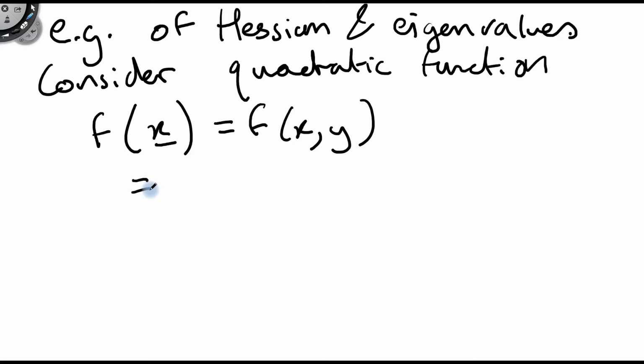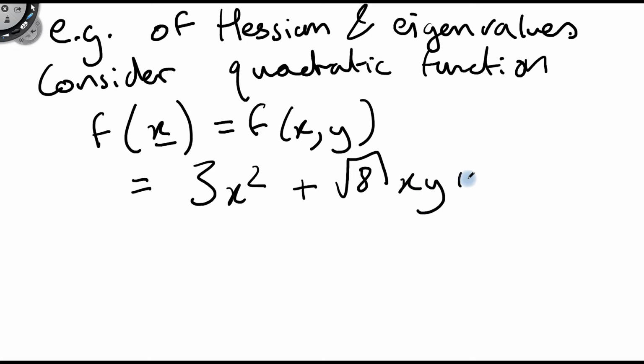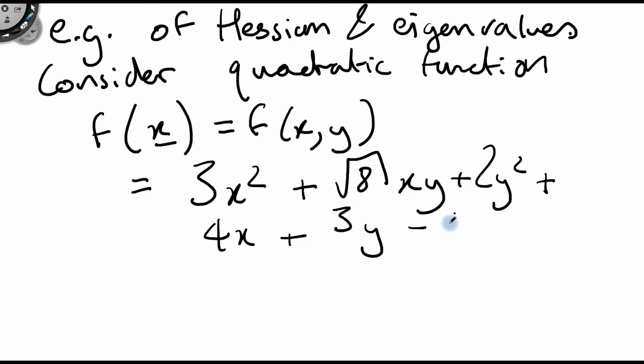The function is f equals 3x squared plus root 8 xy plus 2y squared plus 4x plus 3y minus 5. So what we want to do is calculate the derivatives of this, and then put them into the Hessian.